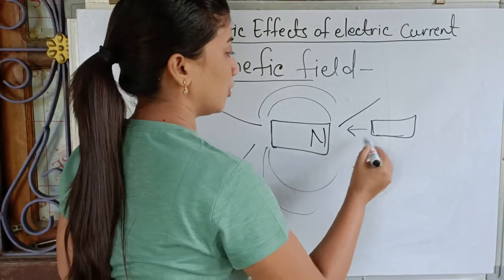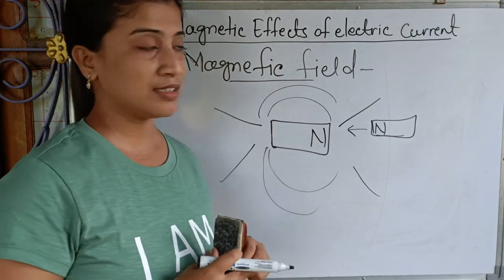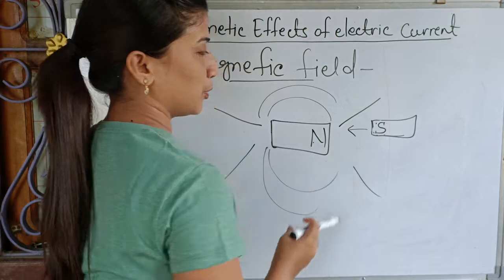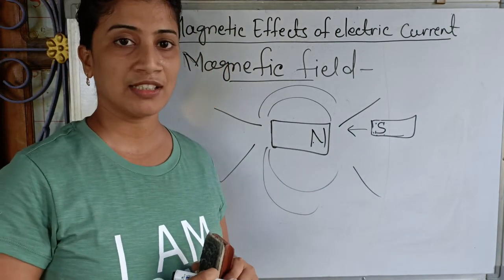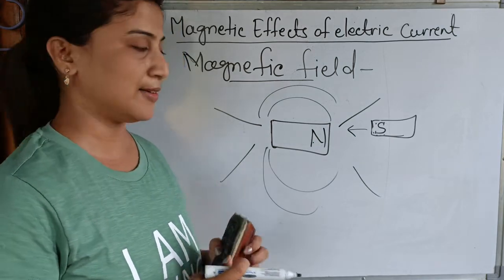If this is North Pole and this is similarly North Pole, then it will feel a repulsion. And if it is North Pole and we come closer to the South Pole, it will start attracting. So simply by bringing a magnet to another magnet, we can easily find out its magnetic field.